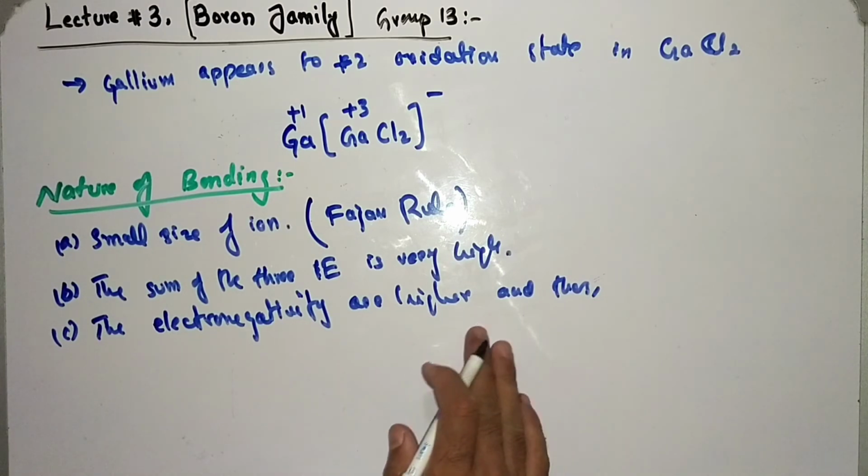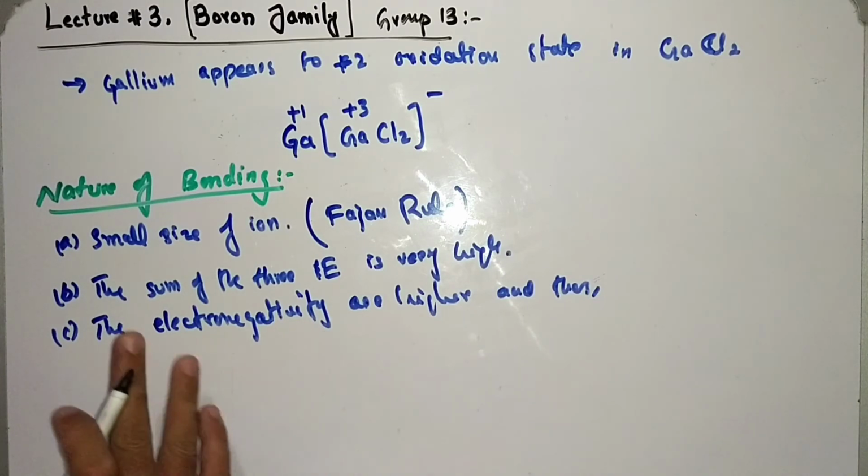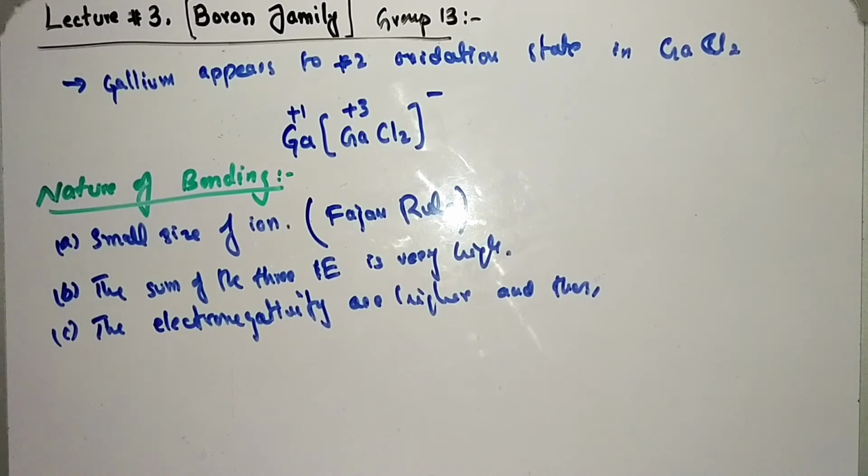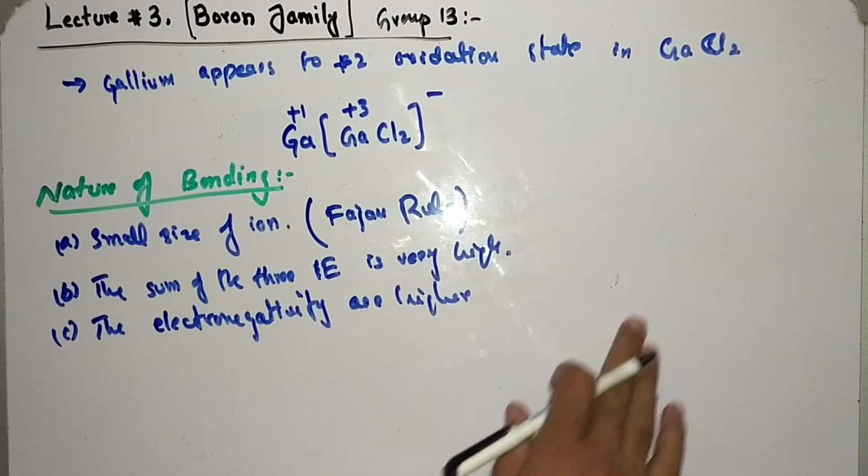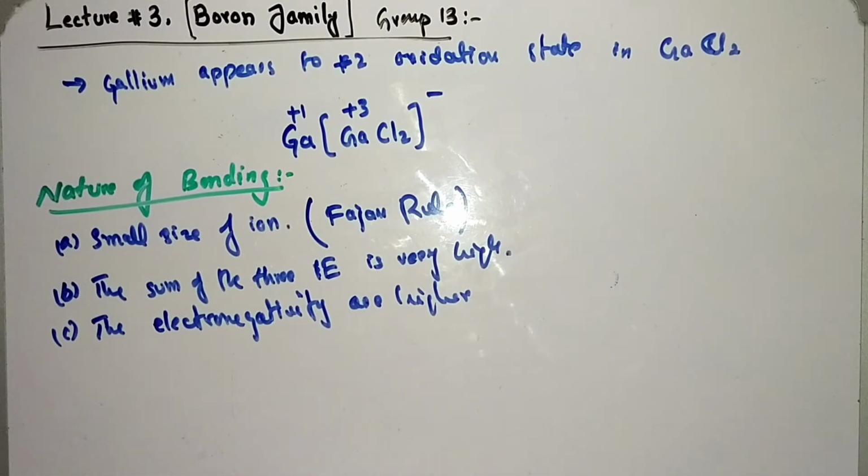Electronegativity of these compounds is higher as compared to the s-block elements, that is, alkali and alkaline earth metals. So these are the three factors that are the reason the compounds of the boron family form covalent bonds. I will explain them one by one.